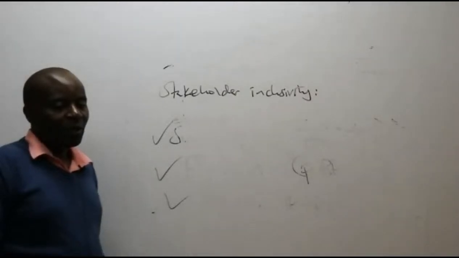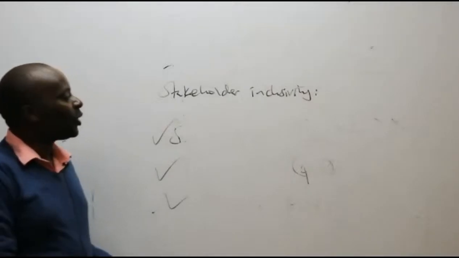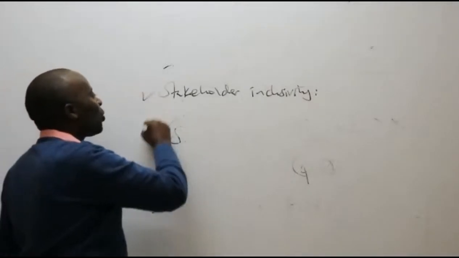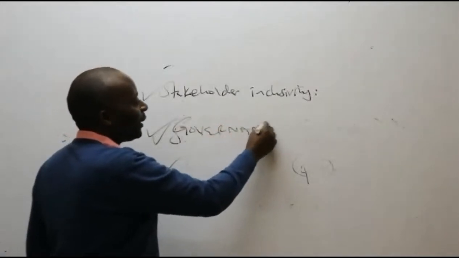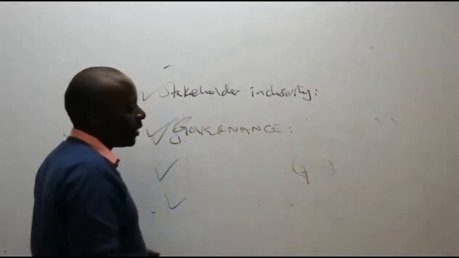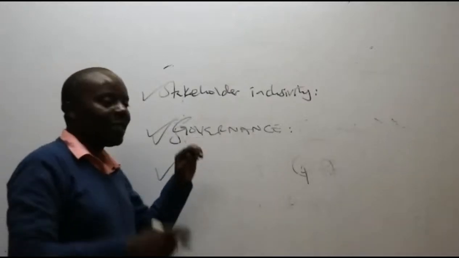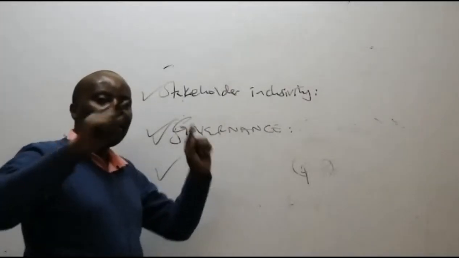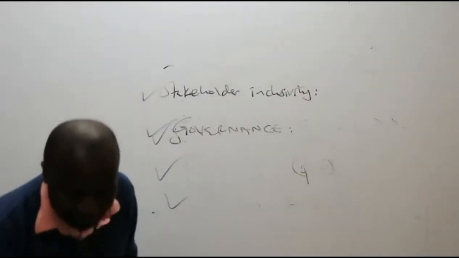That is a key consideration. Then the other consideration will be governance. Governance has to be factored in. What is the structure? I have to look at this. Otherwise, if I don't look at governance and there is a whole chapter of governance in the integrated report, then I'll be having an issue there.